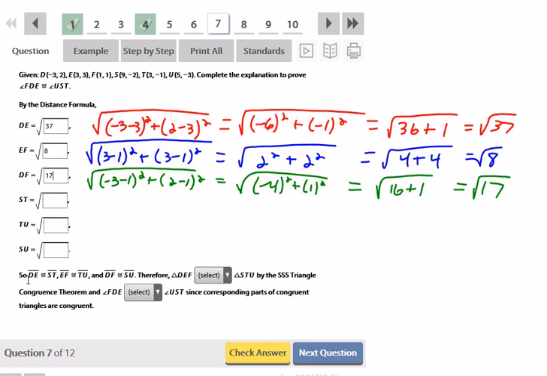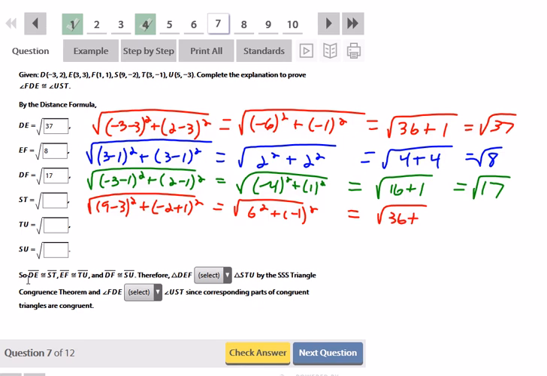ST is square root of 9 minus 3 squared plus negative 2 plus 1 squared, which equals 6 squared plus negative 1 squared, which equals 36 plus 1, which is equal to the square root of 37. So that's the same as DE.